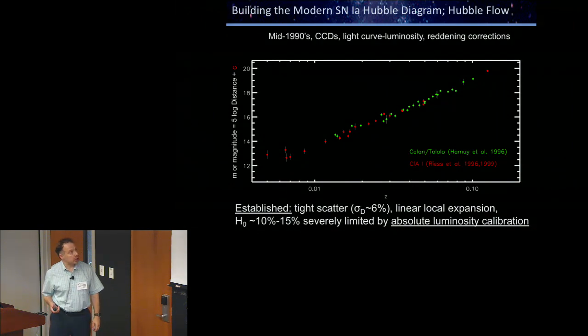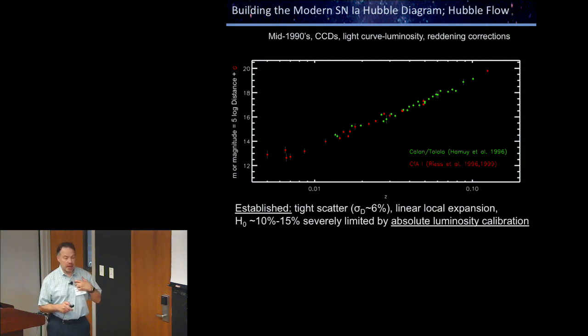So by the early 1990s, there was one particularly important sample, the Calán/Tololo sample, collected from Chile, that collected about 20 Type Ia supernovae out into the Hubble flow and really started delineating very sharply the expansion of the universe. I mean, people had seen the expansion of the universe for decades, but not with this kind of precision. And so that was in the south.